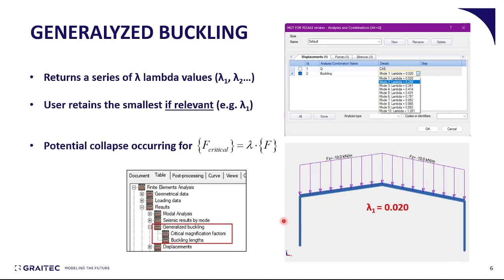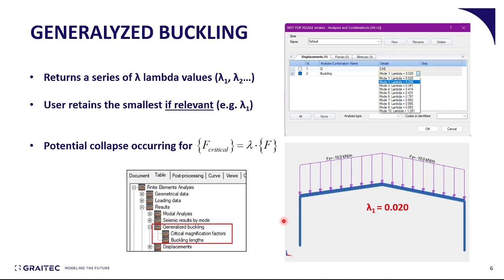When running the generalized buckling analysis in Advanced Design, you get all the different lambda values, and each of them corresponds to a different buckling mode. So the lowest lambda value corresponds to the first buckling mode, and as the lambda values are increasing, you get the different buckling modes.